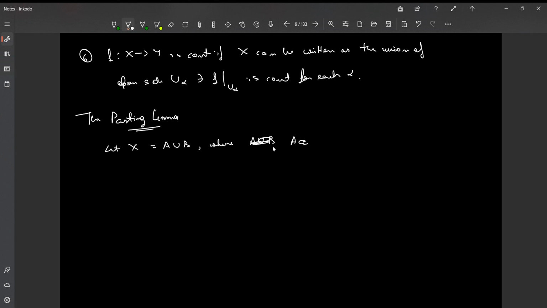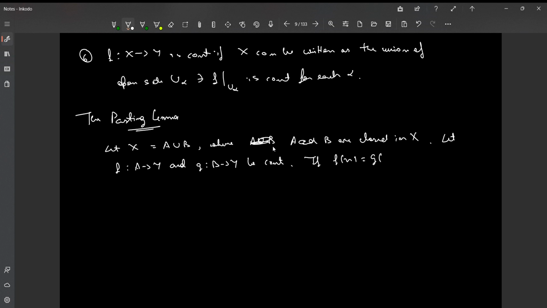Let X equal A union B, where A and B are closed in X. Let F from A to Y and G from B to Y be continuous.